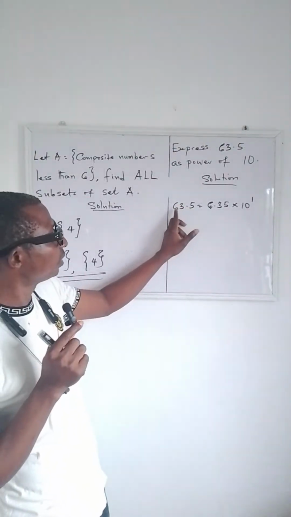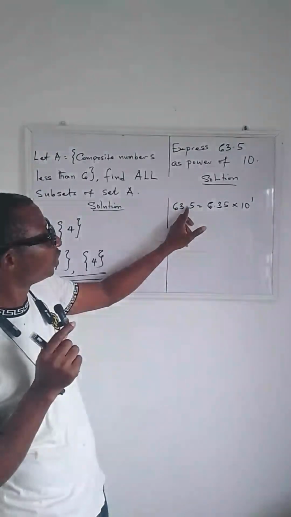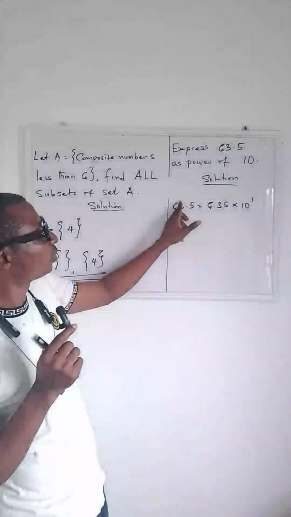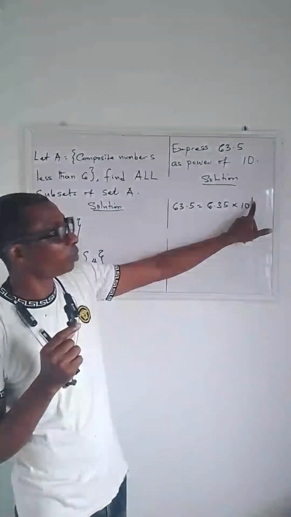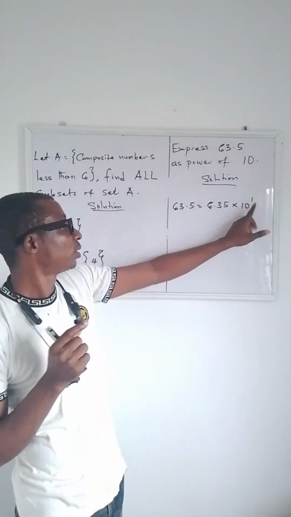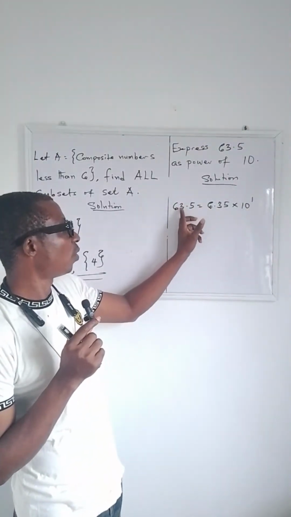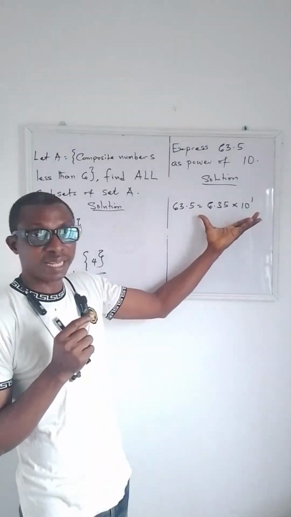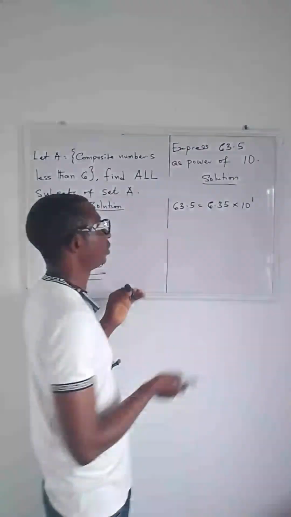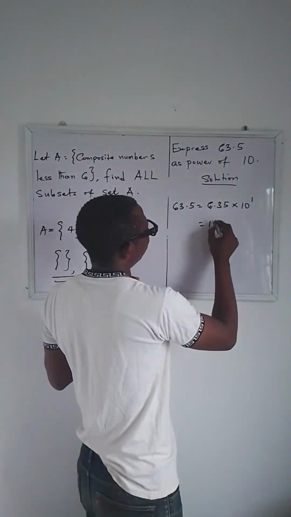The first significant digit here is 6. So you move the point. The number of times we move the point is what we put here. Since we moved it once, we have 10 raised to the power of 1.